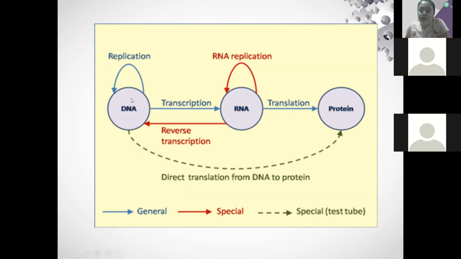Translation na siya agad. And aside from that, we also have the process called reverse transcription. Kasi supposedly it is supposed to be DNA to RNA, but this time, from RNA, gagawa siya ng DNA. Reverse transcription. And the one that exhibits this is the HIV. Yung human immunodeficiency virus, the HIV, can do reverse transcription.